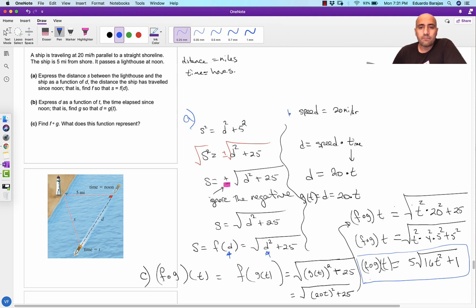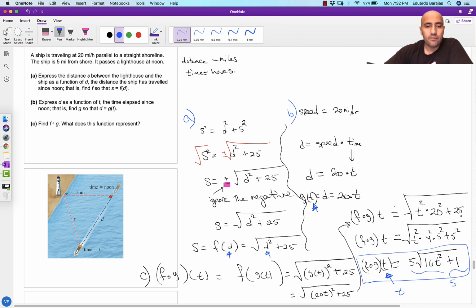For part B, we found a new function, g of t, where the input is the time, how long you've been traveling, and the output was the distance traveled along the path of the boat. And finally, for C, we found this new composition of functions, where the input is time, you tell me how long you've been traveling, and the output is going to be the distance from the lighthouse to the boat. This is going to be s. The input is t, the output is s, the distance from the lighthouse to the boat.